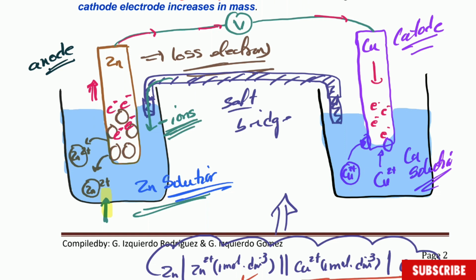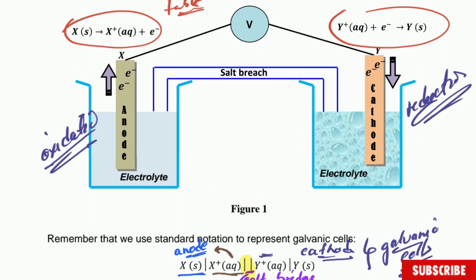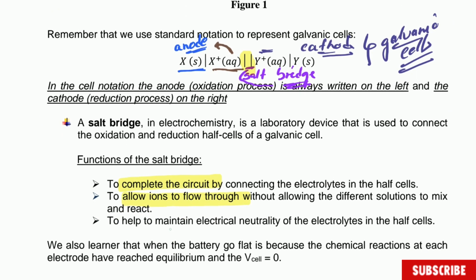And this other solution on the other side will be decreasing in positive, will become more negative. So positive ions will be flowing in this direction. These are positive ions coming from the salt bridge. That also will allow the solution to become more neutral, so maintain electrical neutrality. That is what is happening there.